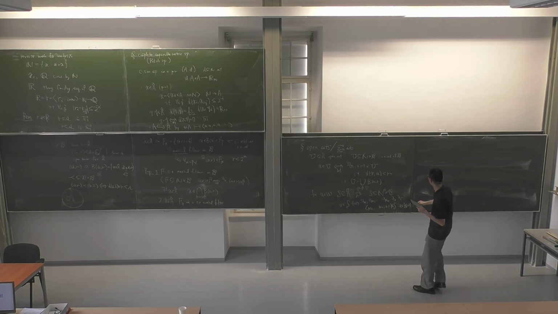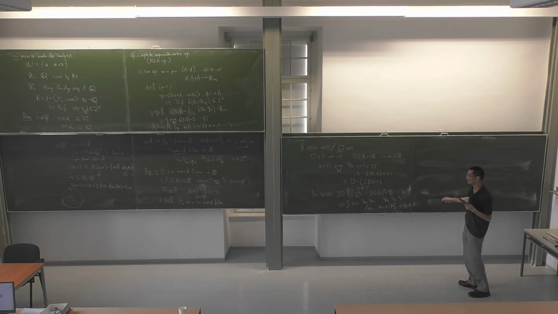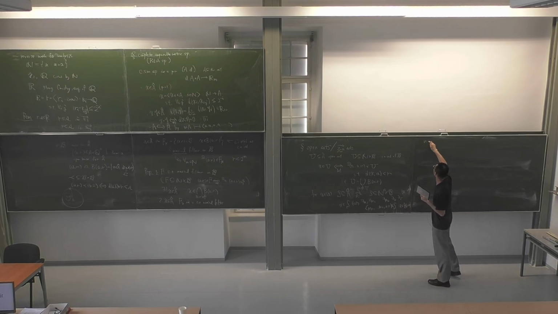In case n is odd, the definition is like this, and if n is even, then X in S should be more like this: M1 to the last one is for all.